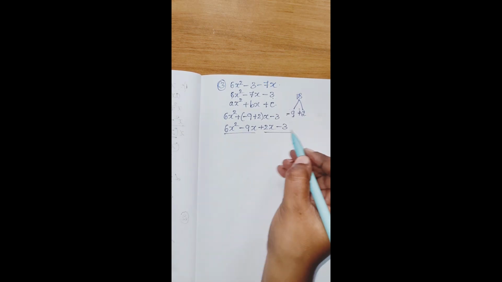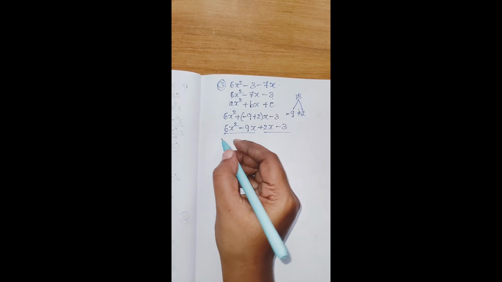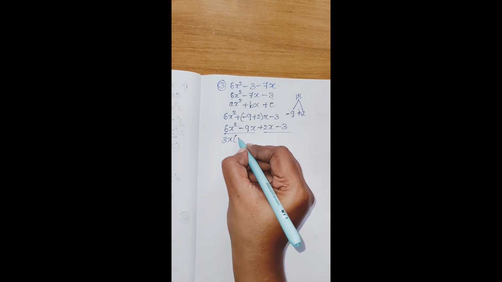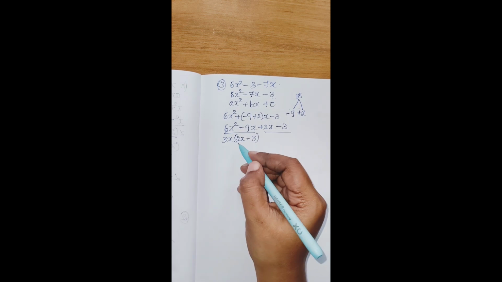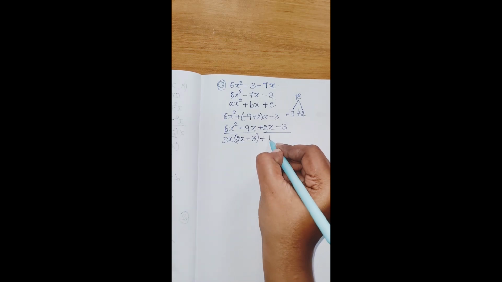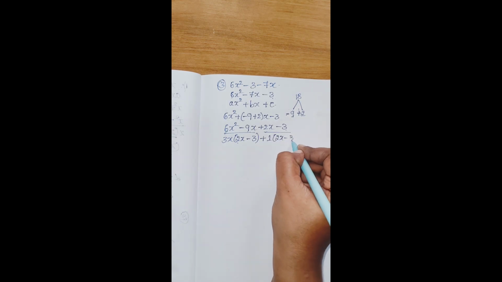In these two, what is common? In these two, which one? 6 and 9. In which table will it come? 3. And x also is there. So 3 2s are 6, x as it is, 3 3s are 9. Here already you got 2x minus 3. So what can we take common? Plus 1. So remaining will be 2x minus 3.